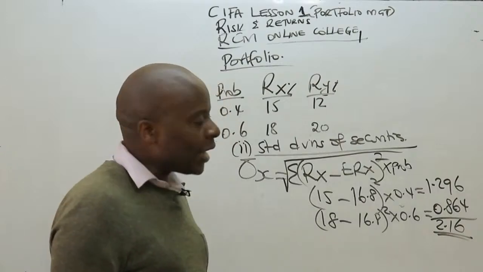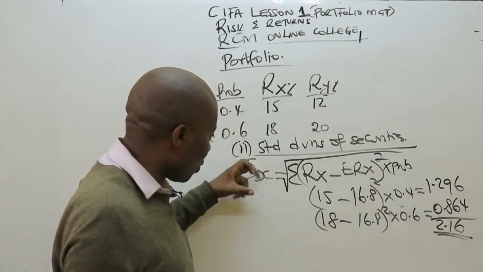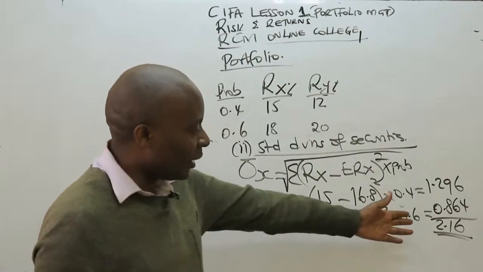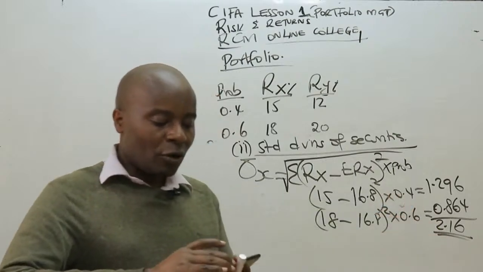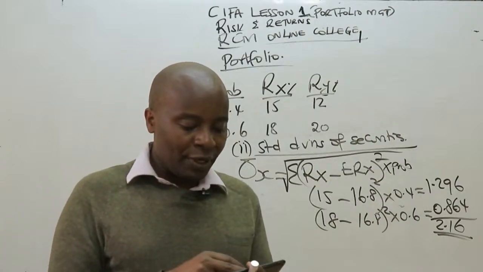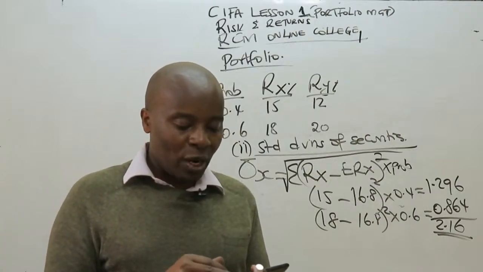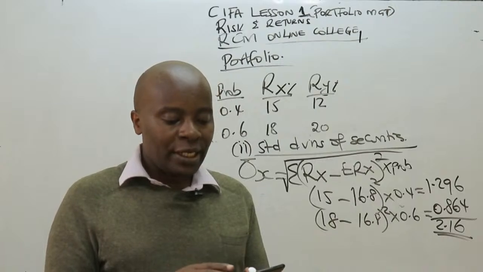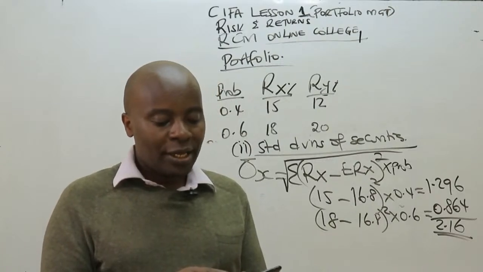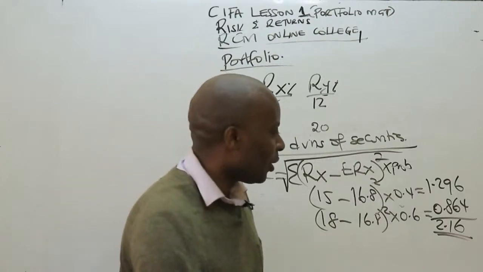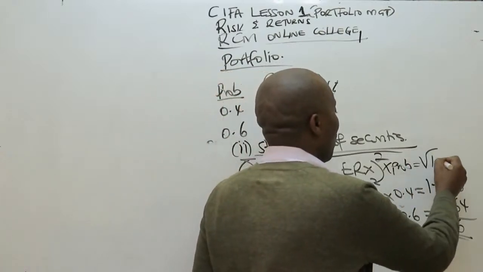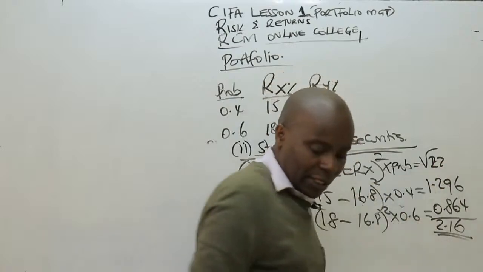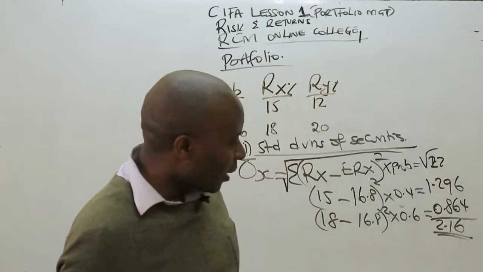This 2.16 is your total variance, and remember, for you to get the standard deviation, you need to take the square root of this. So please give us the square root of 2.16. Let me check again.